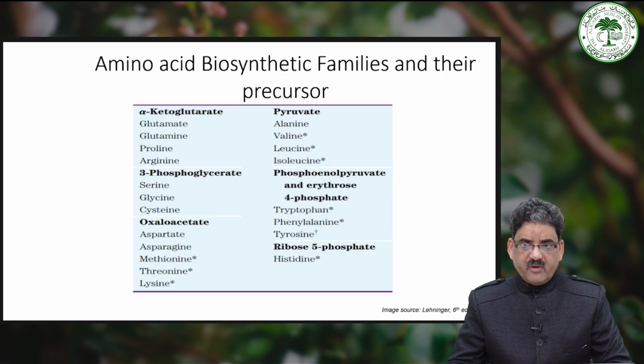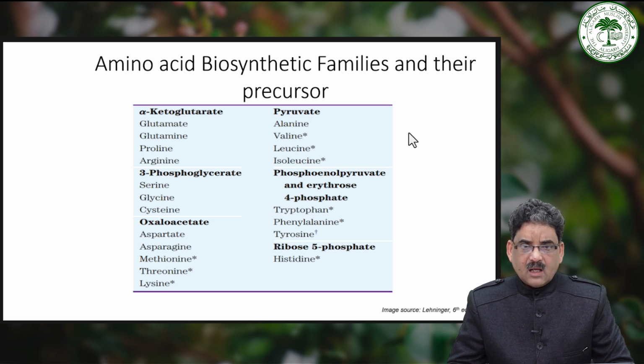A useful way to organize these biosynthetic pathways is to group them into 6 families corresponding to their metabolic precursors.